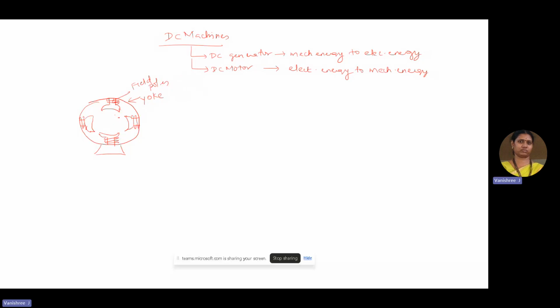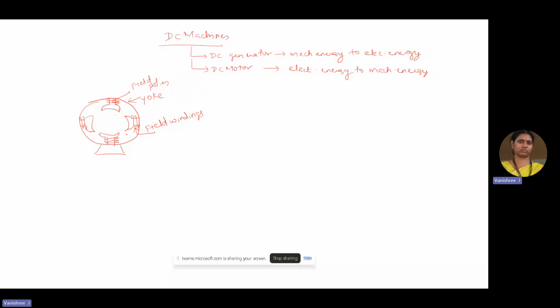What do you mean by electromagnet? The electromagnet is that which will be acting as a magnet on providing the electrical energy to the magnetic material. So these are the field poles, and the winding that is wound around the field poles is called the field winding.